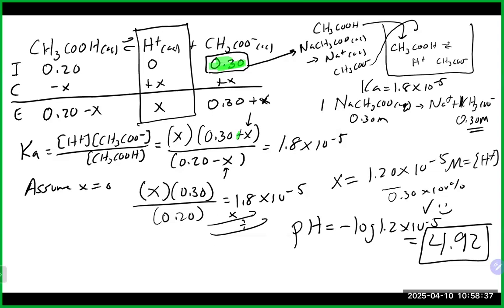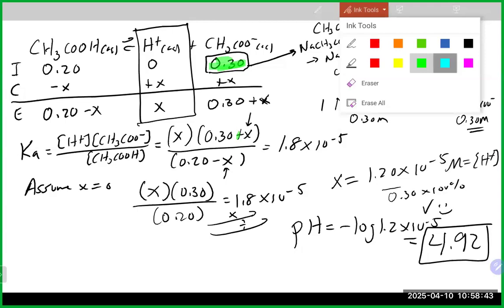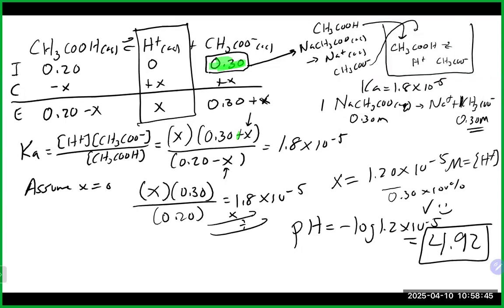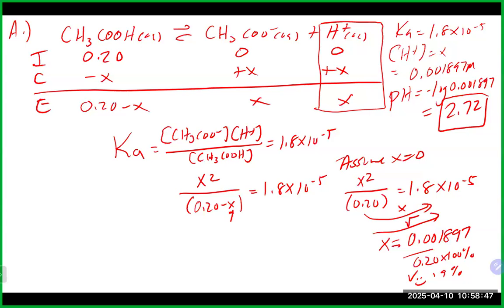Now, did we see what we expected to happen here because of the presence of that common ion? Well, we have a pH without the common ion of 2.72, right? We also have an H plus concentration of 0.0018.